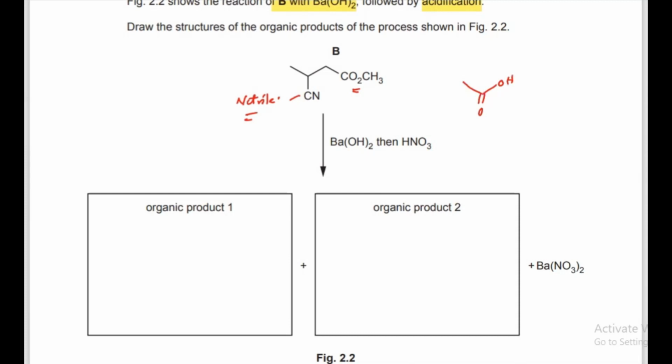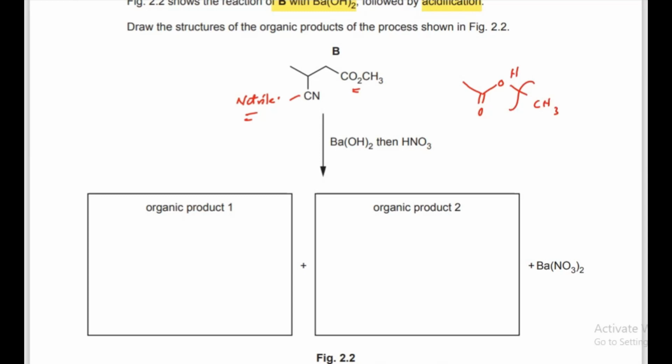Now if we do the acid hydrolysis, this ester part will be converted into carboxylic acid, and we will get alcohol as well.